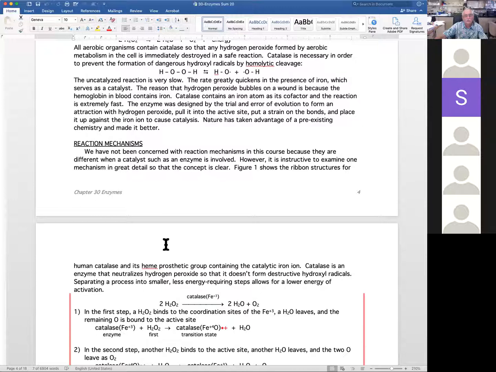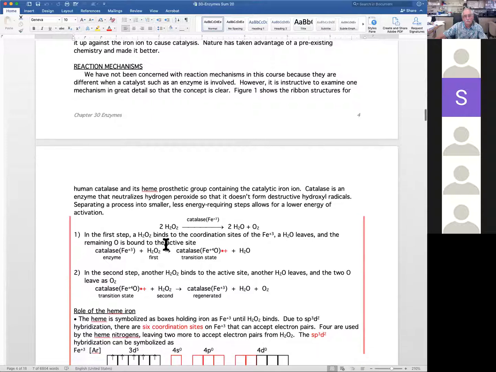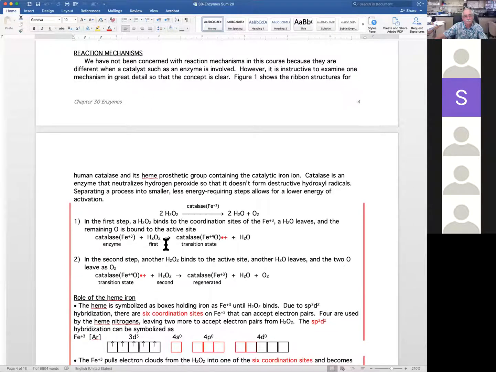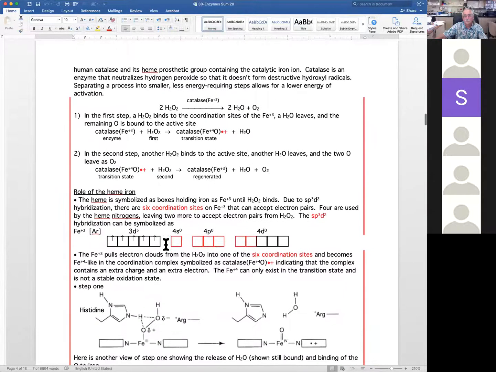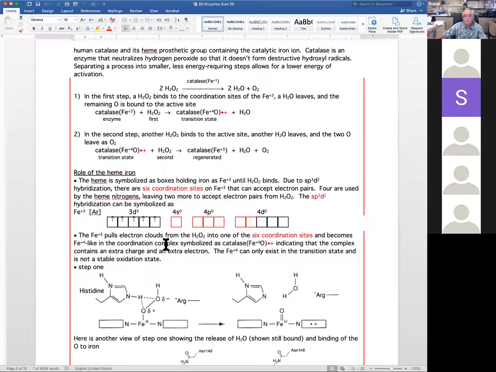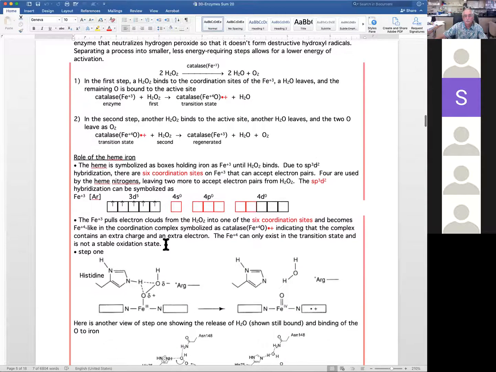So then I went into great depth on this reaction mechanism, knowing perfectly well that I'm never going to ask you anything about it. But once you see how it works, I think from now on you will remember that, oh yeah, enzymes find a way that we can totally understand how they catalyze their reactions.